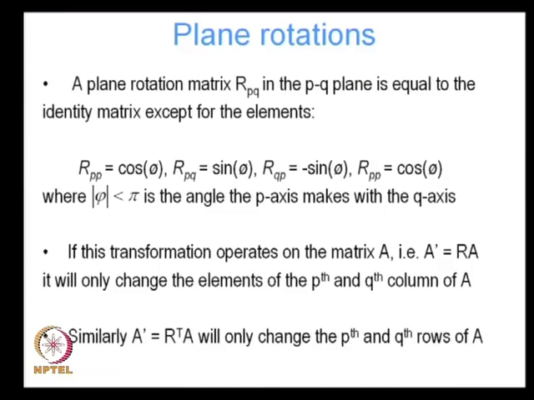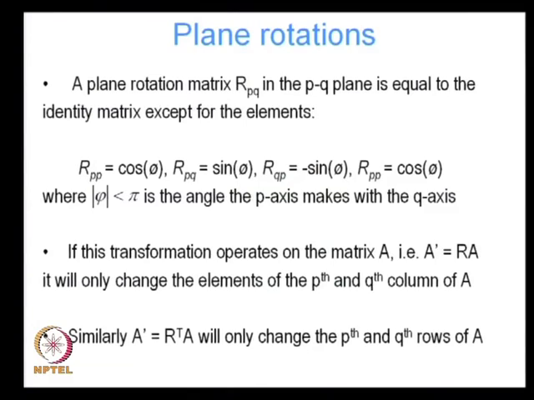The only terms which are going to be different are R P P, R P Q, R Q P and R Q Q, and these will be like a plane rotation, which you know is like your matrix cos phi, sin phi, minus sin phi, cos phi. So we have that at the intersection of my pth row with P and Q columns, and similarly the qth row with P and Q columns.